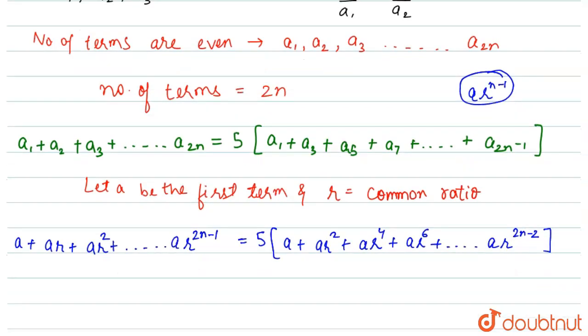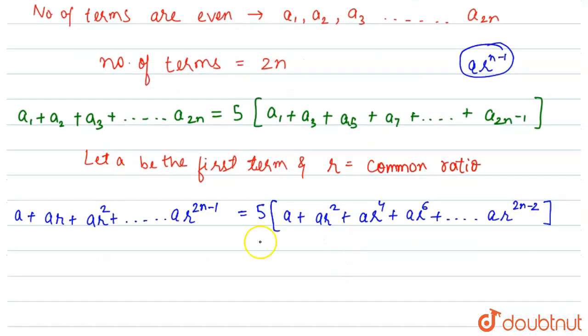Now, the common ratio here is R, but the common ratio in this GP of the odd-place terms is AR square upon A, which equals R square.